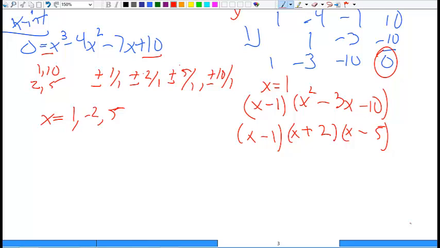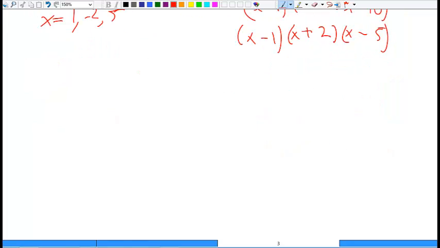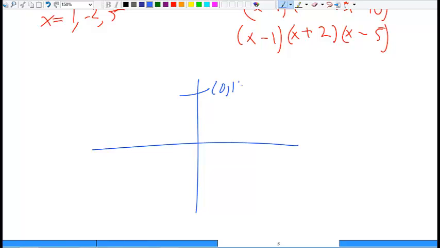Okay, so let's fill in what we know about our graph. Let me scroll down and get a little fake graph space here. I know it crosses at 0, 10. It's going to cross the y-axis.